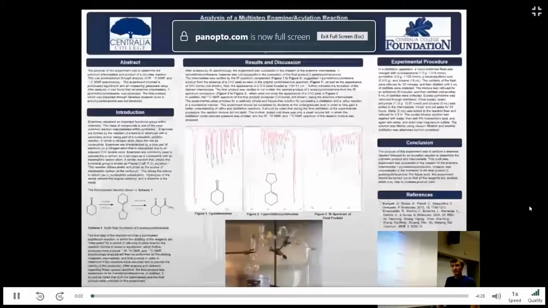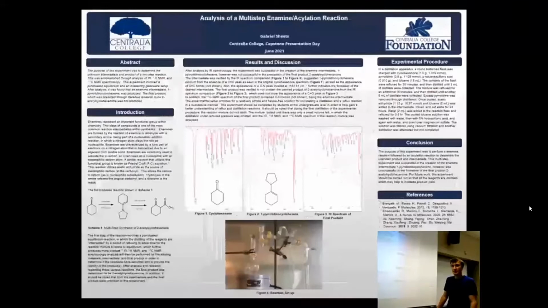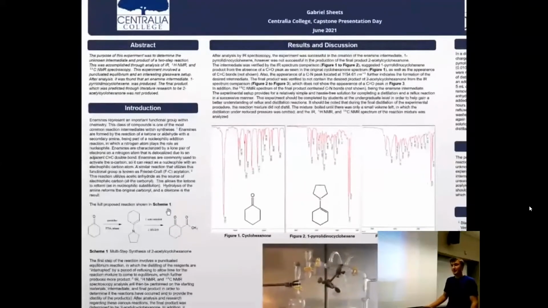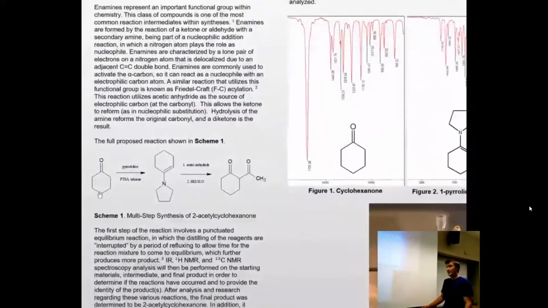Okay, my project performed a multi-step synthesis of pyrrolidine and cyclohexanone, and the first part of this reaction was a nucleophilic addition reaction, and that created our enamine intermediate.